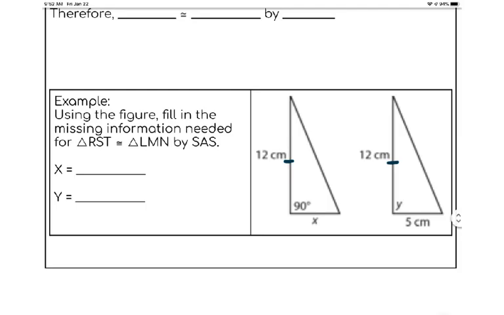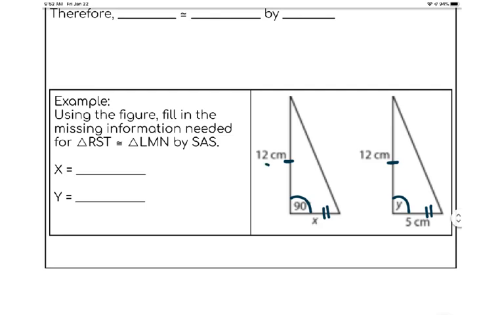And then we have an angle here, but we don't know what y is. But in order for them to be congruent by SAS, those two angles would need to be congruent. And then lastly, the side here at the bottom would need to be congruent to the 5 centimeter side in order for these to be congruent triangles.